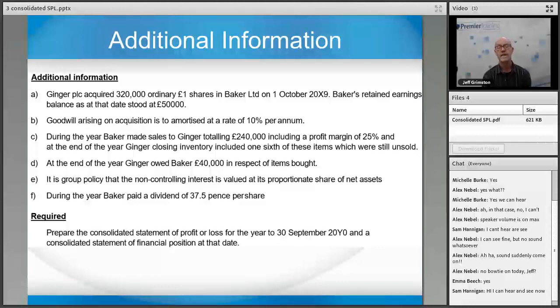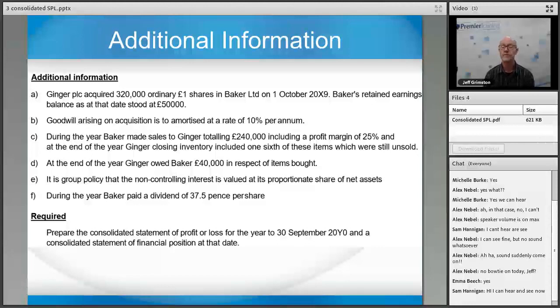So the 1/6 that are still in inventory at the end of the year, according to the records of Ginger plc as an independent company, 1/6 of 240 is 40. But the cost to the group was in fact 1/6 of 180, which is 30. So we can see between 40 and 30 there's a difference of 10,000.